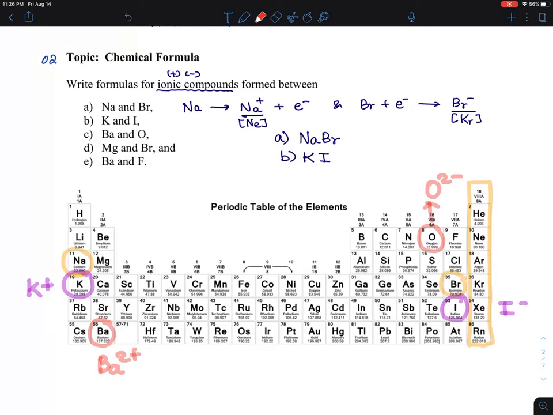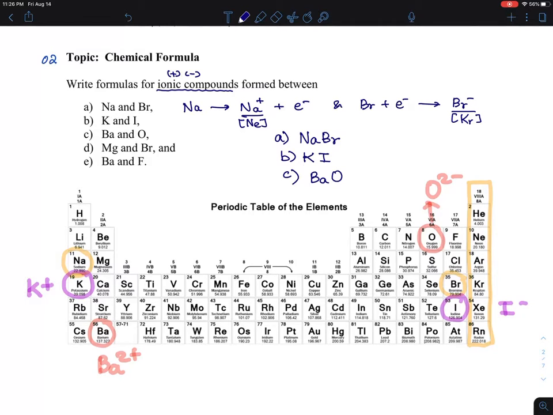Because barium is in the 2nd column, by losing 2 electrons and oxygen acquiring 2 electrons, it is a one-to-one correspondence. Therefore, the answer for C is BaO.